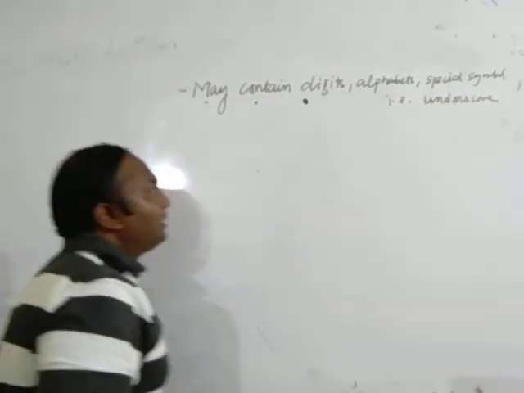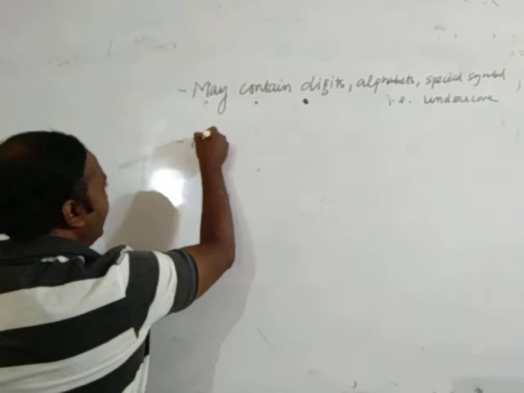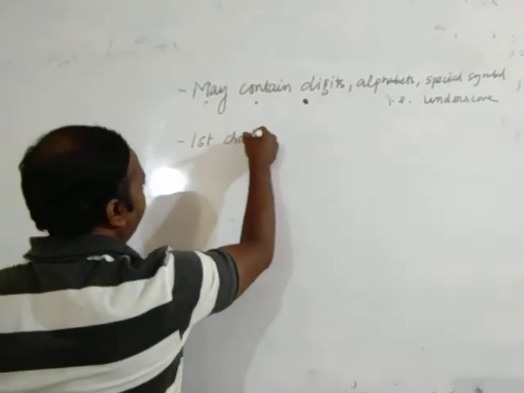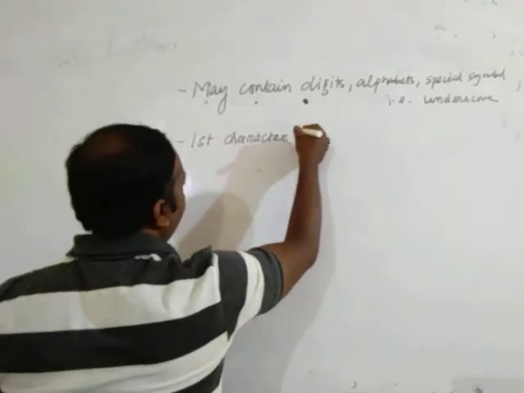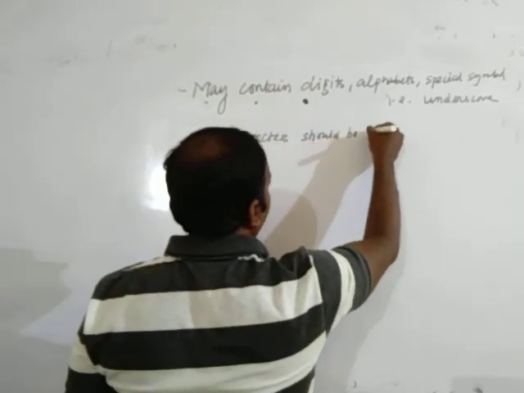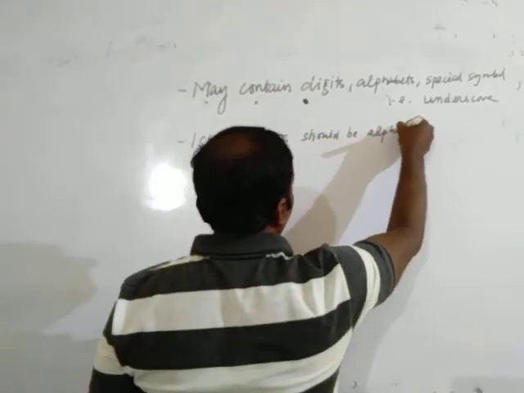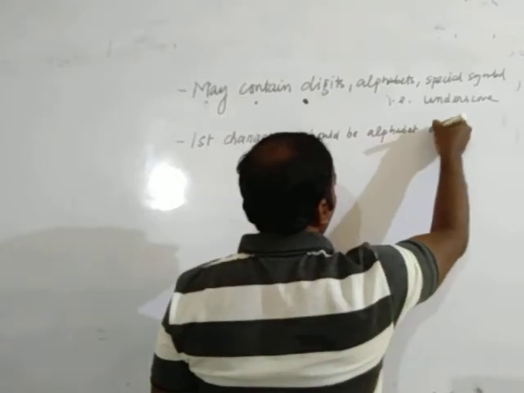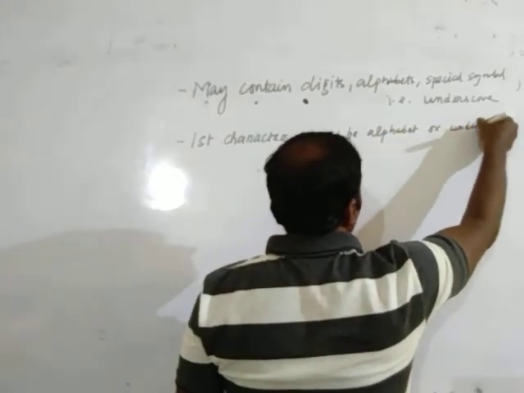It can contain only underscore. The first character should be an alphabet or letter or underscore.